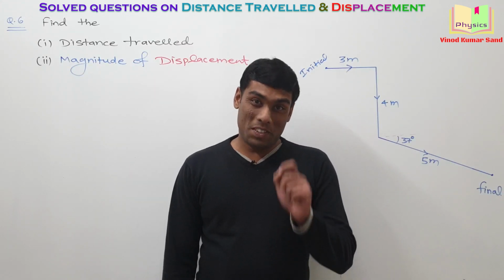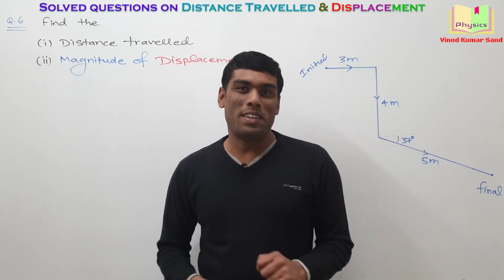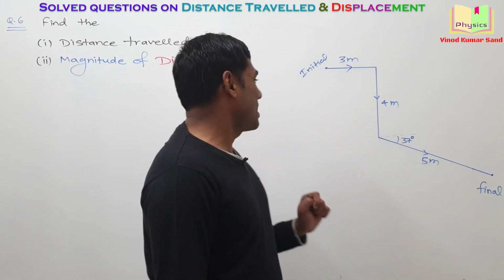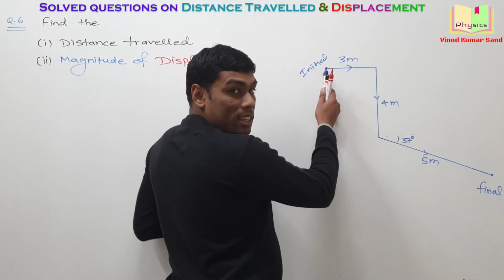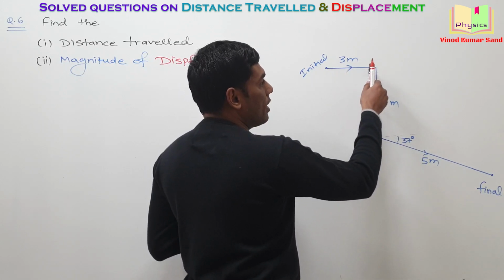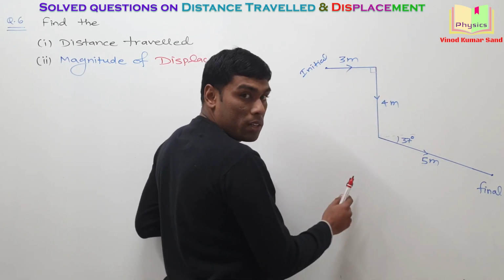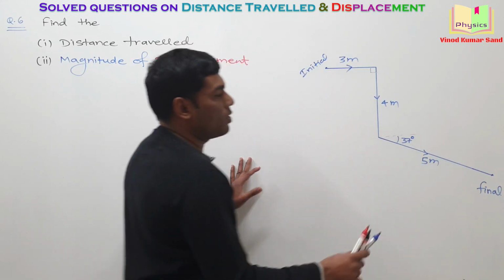Here is the next question and it's an important one. Many students usually answer the wrong things. So you need to pay attention. This is the initial point. Particle travels 3 meter, then takes a 90 degree turn and then travels 4 meter and then goes 5 meter, and this is the final point.